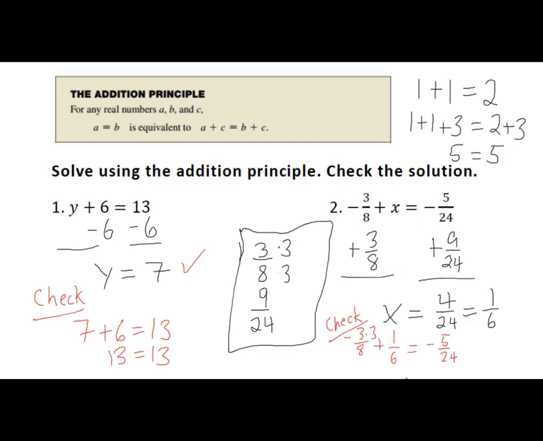So this is times 3, and this is times 4. And as you see, negative 3 times 3 is negative 9, and 1 times 4 is 4. So negative 9 and 4 give you negative 5 over 24, which is the same as negative 5 over 24. These two equal each other, so I know that 1/6 is my solution.